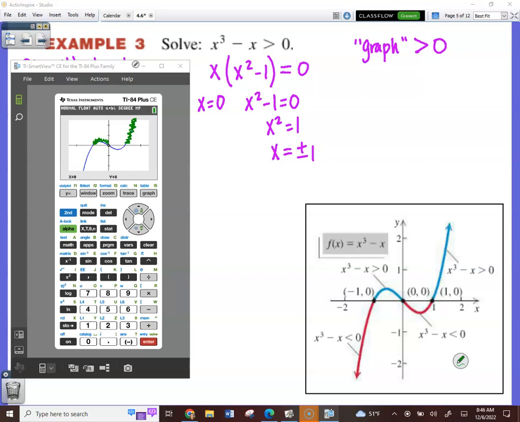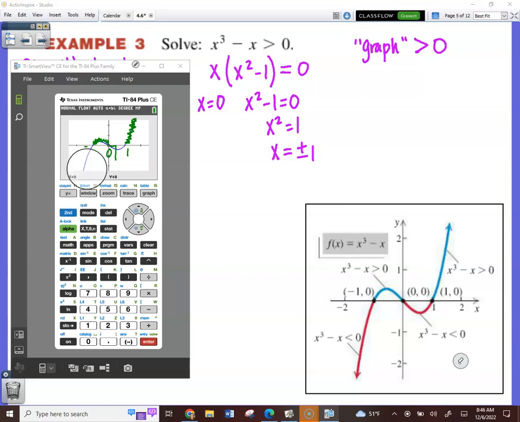Now you got to know what the intervals are. Well, imagine your zeros. This was -1, this was 0, and this was 1. So it's running from -1 to 0. Was it closed? No, it's open.